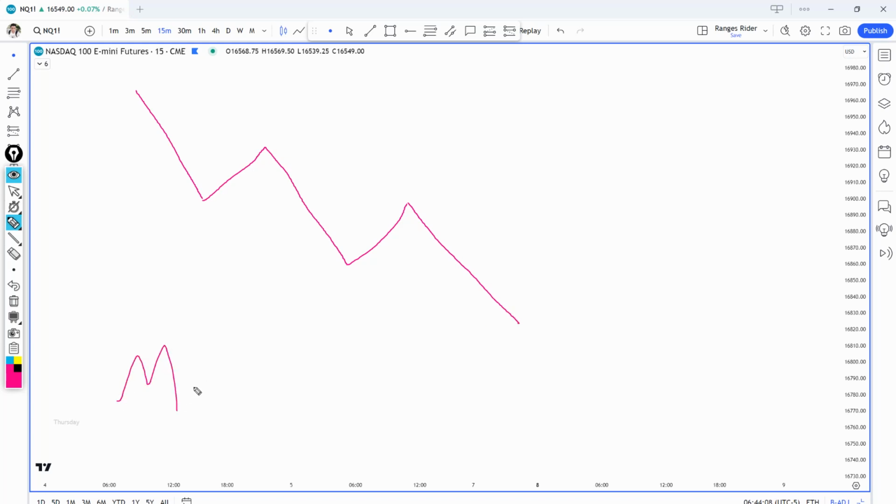This is a major structure, and then within the major structure you have some intermediate structure, and then within this intermediate you have some minor structure.